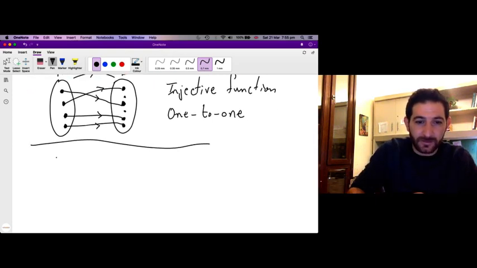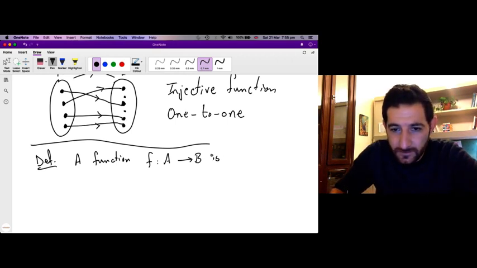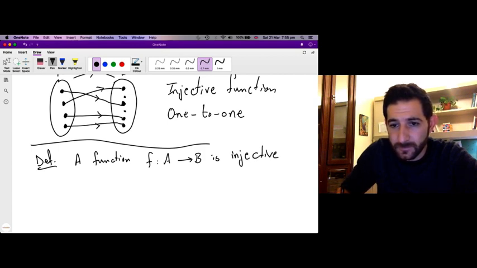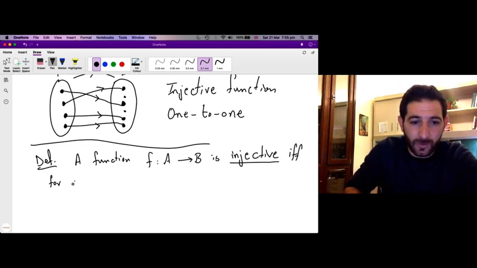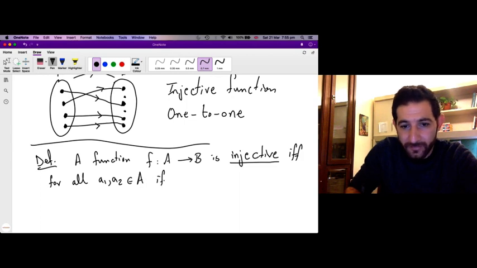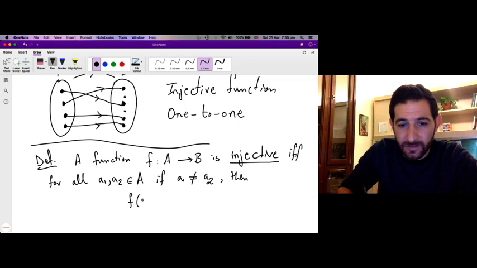Okay, so now let's define it. Definition: a function f from a set A to a set B is called injective if and only if for all A1 and A2 in the domain, if A1 is not equal to A2, so if we choose two different elements, then the image of A1 is different from the image of A2.